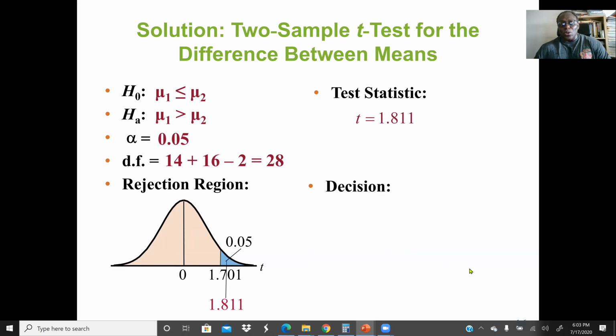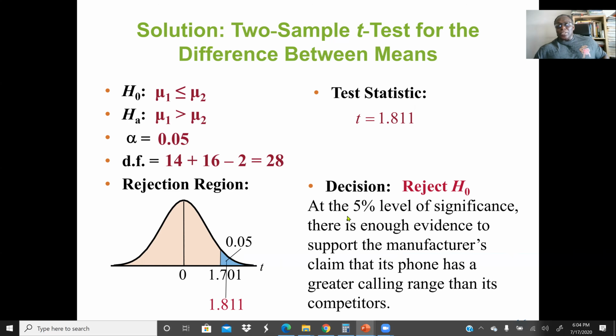Now let's go to our region. 1.811 falls here in the blue area. So our claim will be correct. We are going to reject H0 and support our HA claim. So at the 5% level of significance, there's enough evidence to support the manufacturer's claim that its phone has a greater calling range than its competitors.